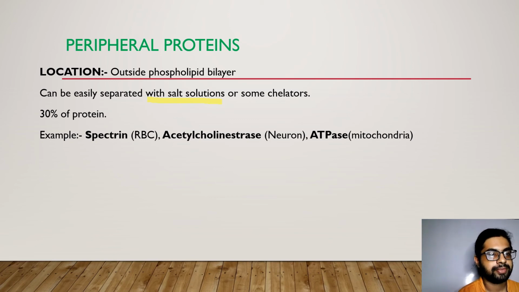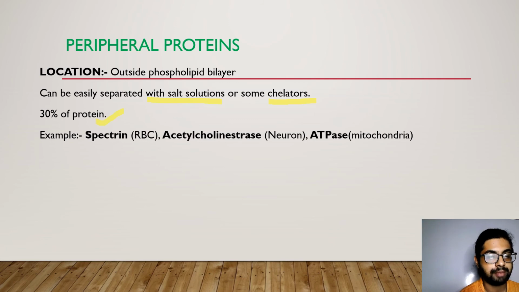So peripheral proteins, as the name suggests, are found in the periphery of the cell, outside the phospholipid bilayer. So if you want to break the cell and extract the DNA inside the cell, peripheral proteins can be easily separated with salt solution. You just apply salt, the protein will get denatured easily, or use some chelators. So peripheral proteins account for 30% of the proteins.